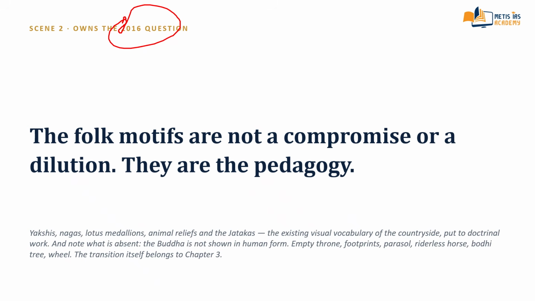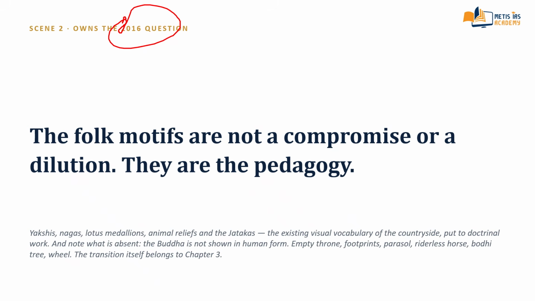The question is asking to elucidate. What is meant by elucidate? Elucidate means make it clear. The examiner has given a tension and asked you to resolve it. The imagery is popular and pre-Buddhist. The message is doctrinal. So show how one carries the other.